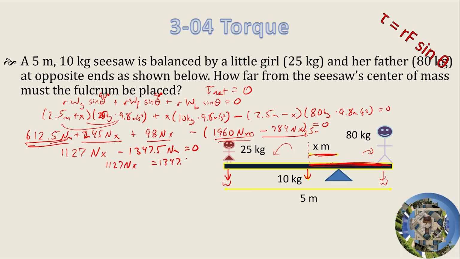Move that to the other side. Divide by the 1127. And I end up with approximately 1.20 meters. Technically, it's 1.195652174, so it rounds to 1.20.